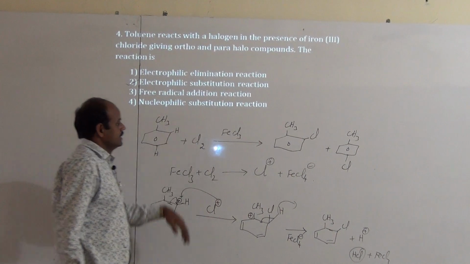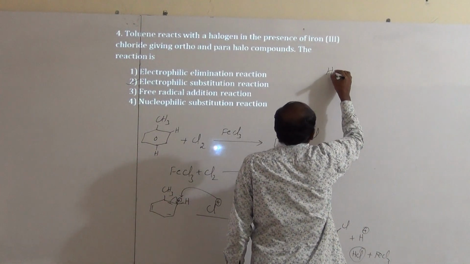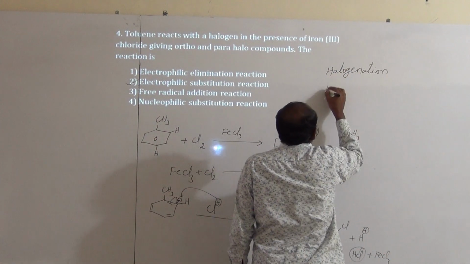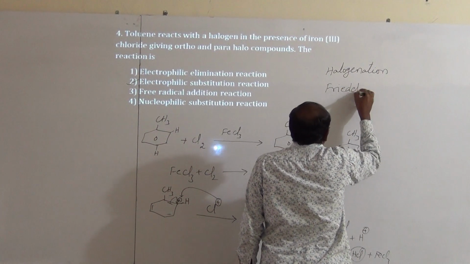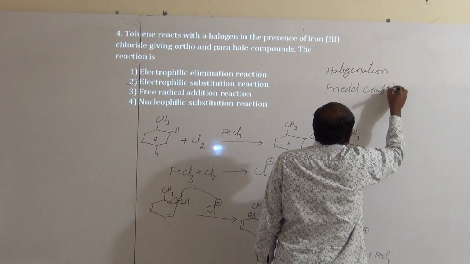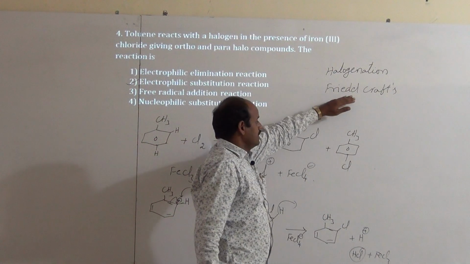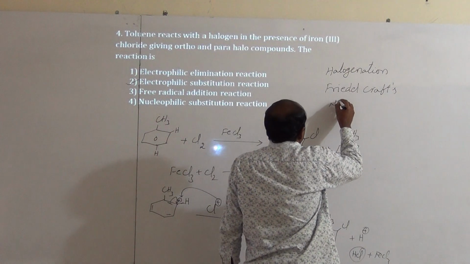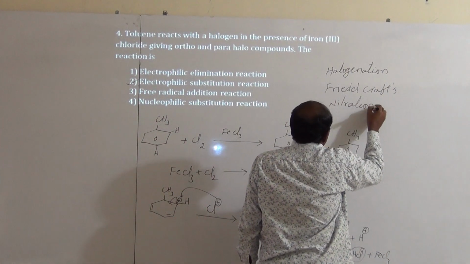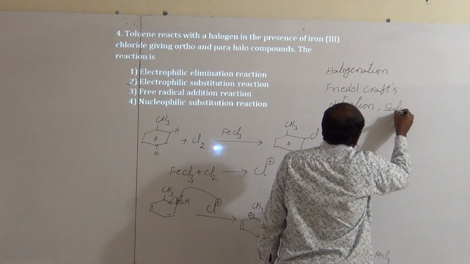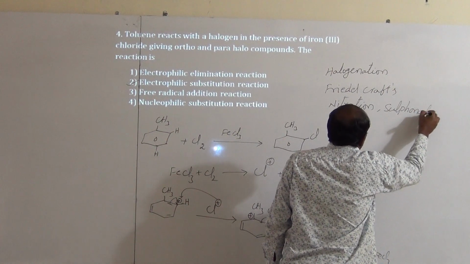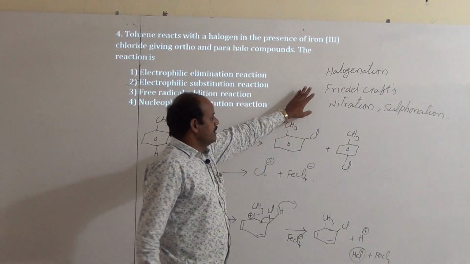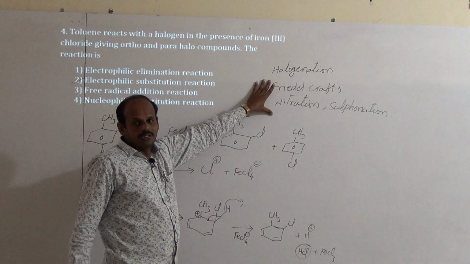Not only halogenation, but Friedel-Crafts alkylation and acylation, and nitration and sulfonation of toluene, or benzene also, are all electrophilic substitution reactions only.